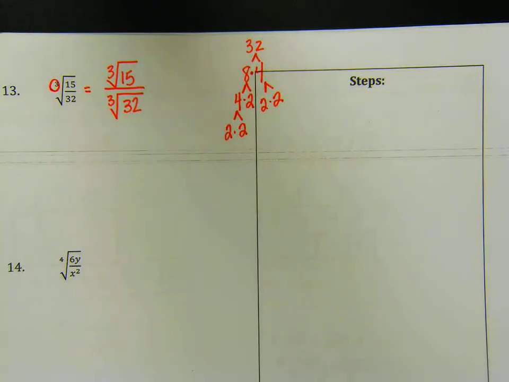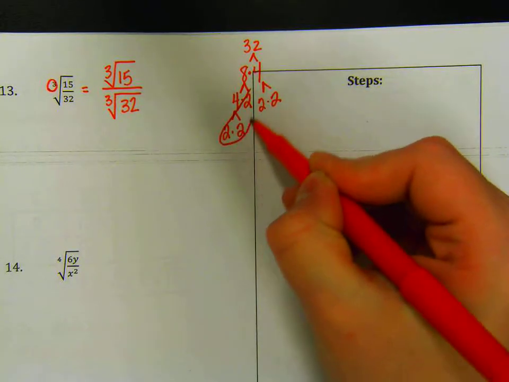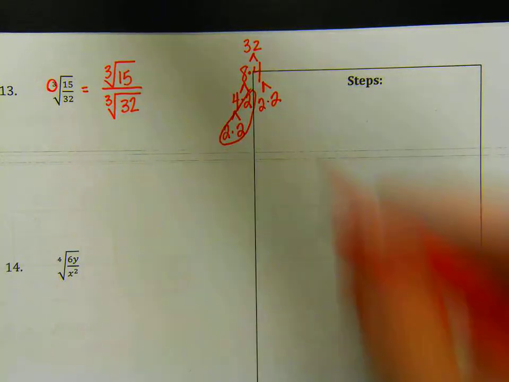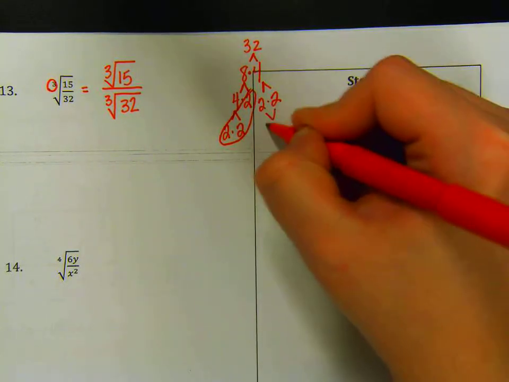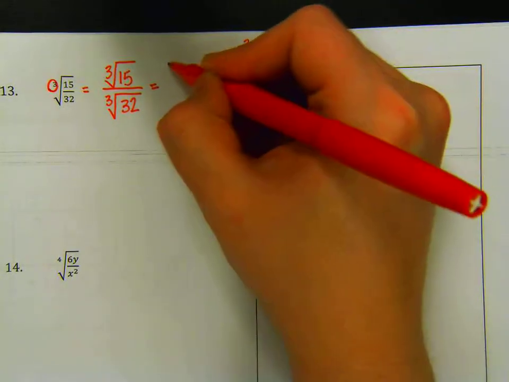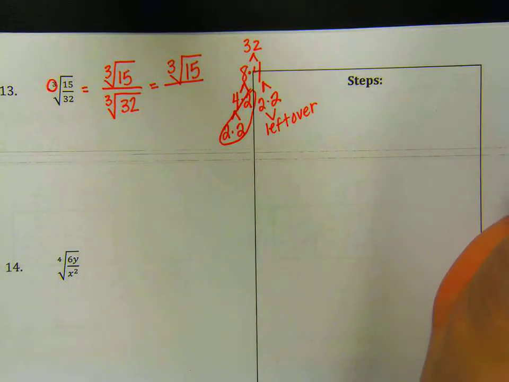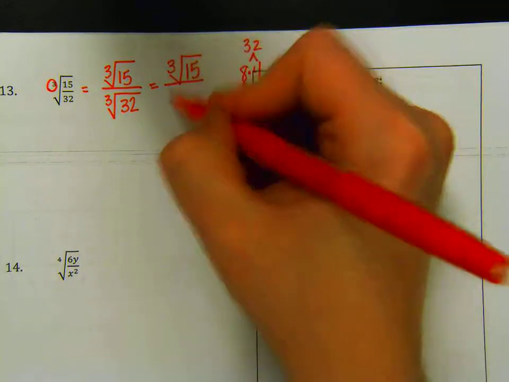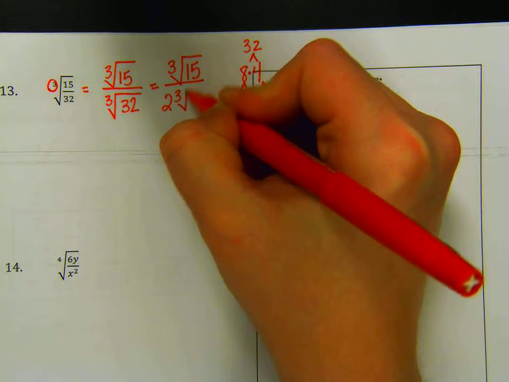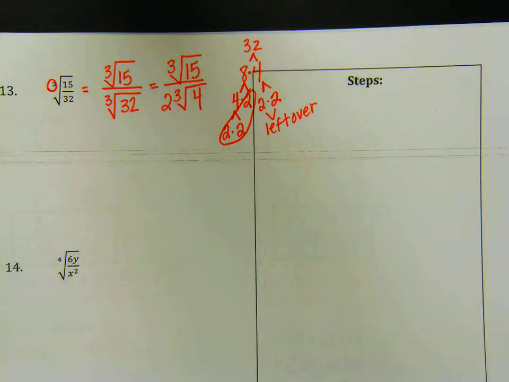Now, my index is 3, so I'm looking for groups of 3. I have 3 2s, and then these are left over. So cubed root of 15 stays at the top in the numerator, but the cubed root of 32 becomes 2 cubed root of what? 4. Good job, because 2 times 2 is 4.